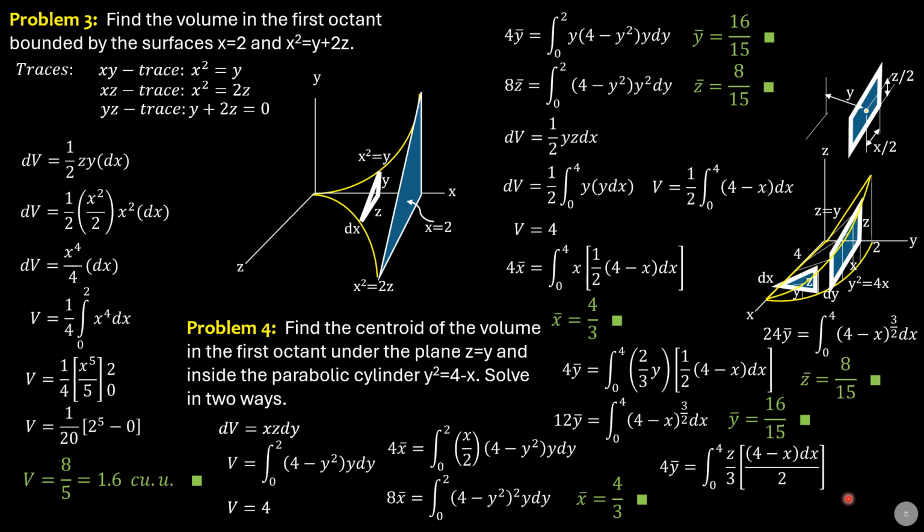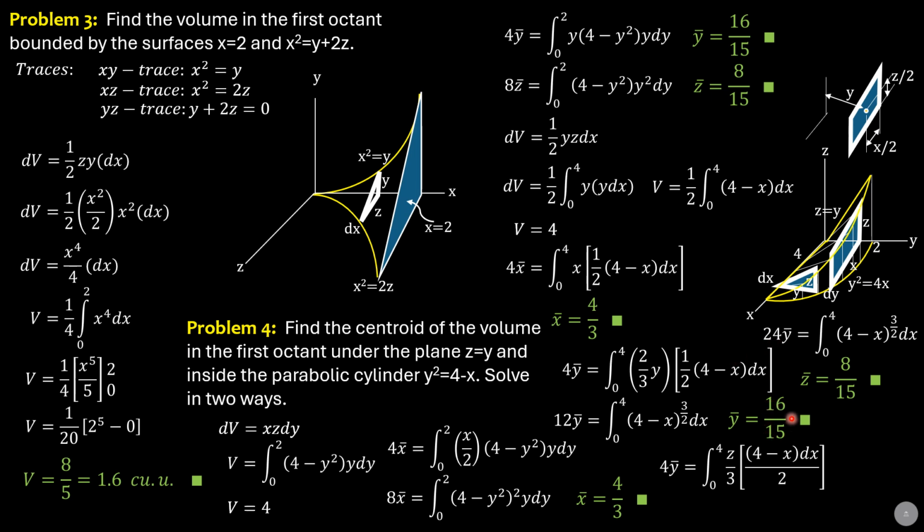So 24, this is y. So 4 times 3 times 2, 1/2 of 4 minus x dx is 24 bar z, integral from 0 to 4 of 4 minus x to the 3/2 dx. So the integral here is the same as before, so we just divide by 24.